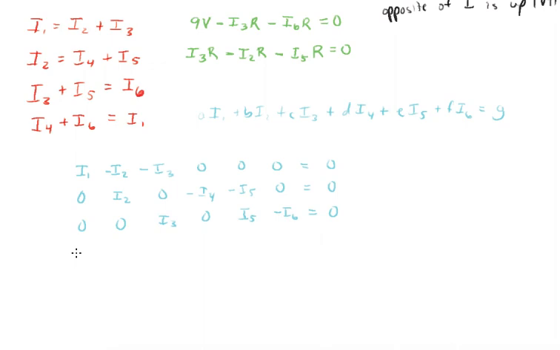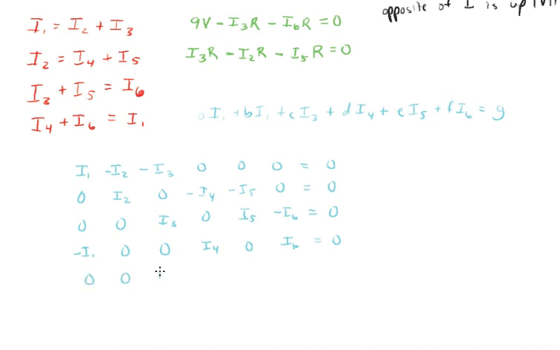Sorry, we've got a minus I1, 0 I2, 0 I3, an I4, 0 I5, and an I6, and that also equals 0. That was for this one. Now we come to this one right here, and we've got no I1s, no I2s.